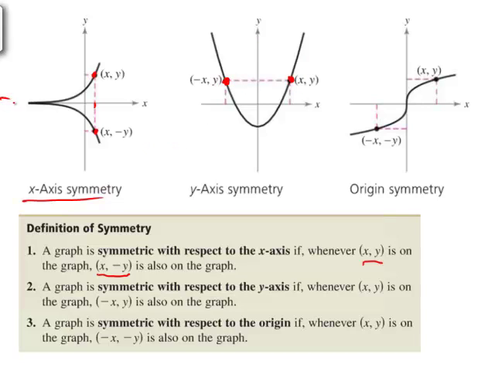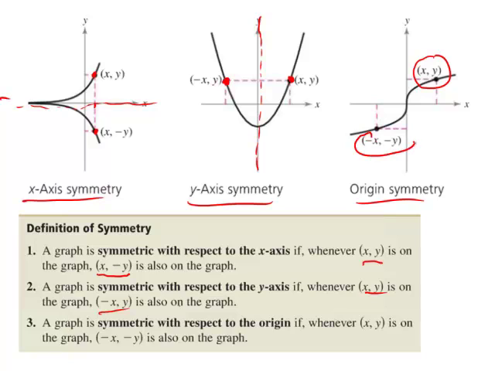It's a mirror image across the y-axis on this one, and across the x-axis on that one. And then for the origin, it's a double thing. Both the x and y change signs. If you've got a point here, flip the signs and make them both negative, and this other point, (negative x, negative y), is also on the graph.